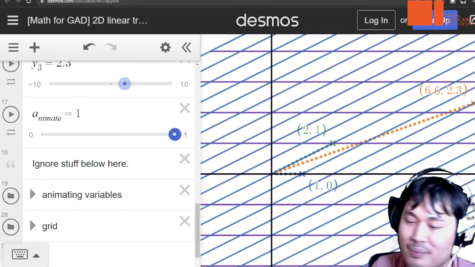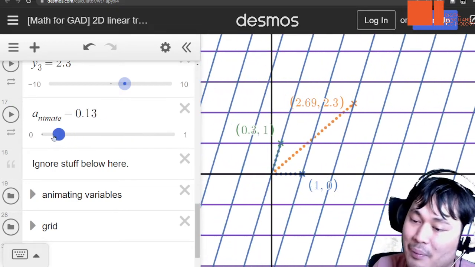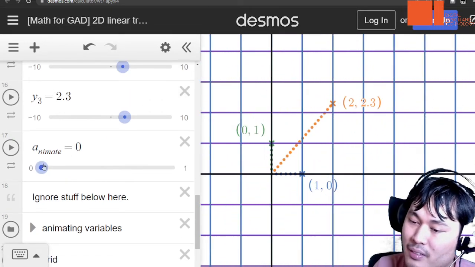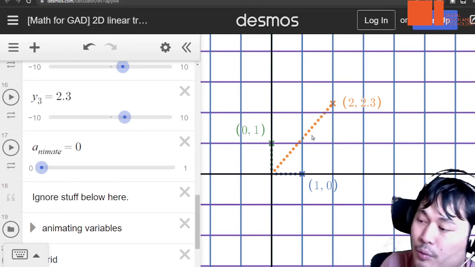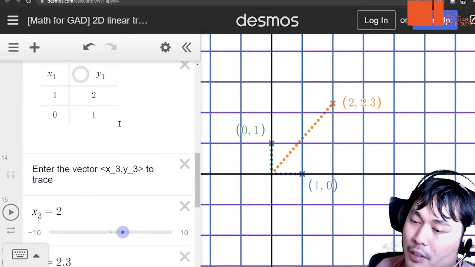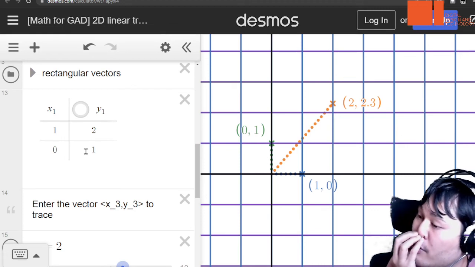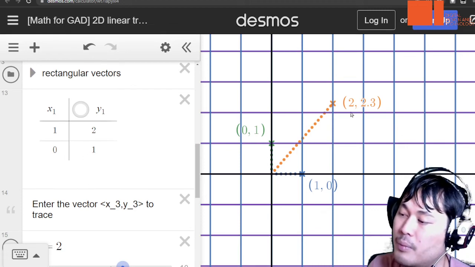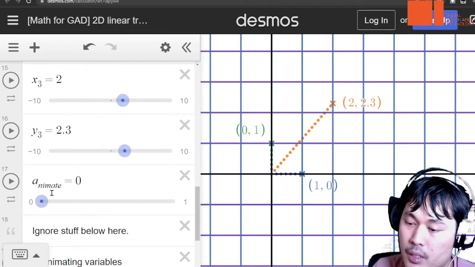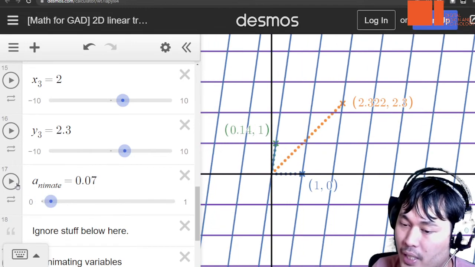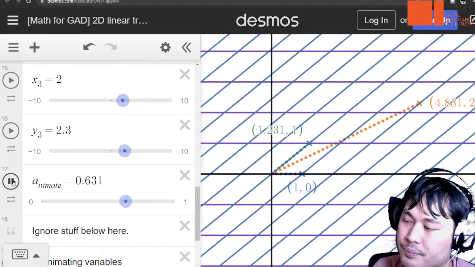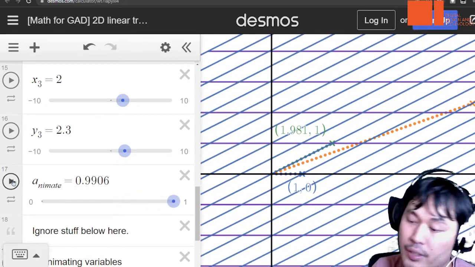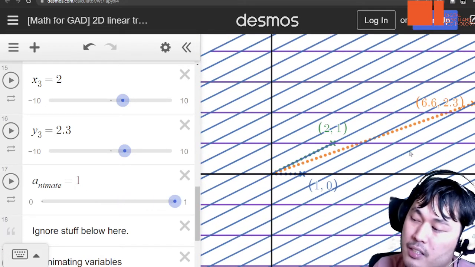It looks kind of choppy, but let's go back a little bit. We have the vector that we need to transform, and then we have this matrix, which is the rule on how we transform the vector. Once we finish that, we can animate. So that will be the result of the multiplication.